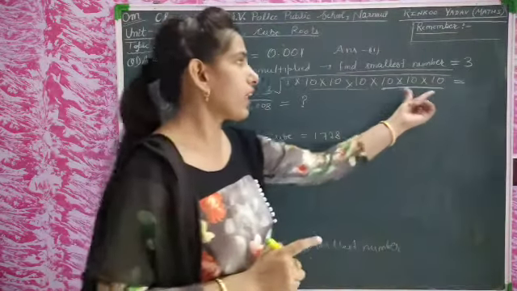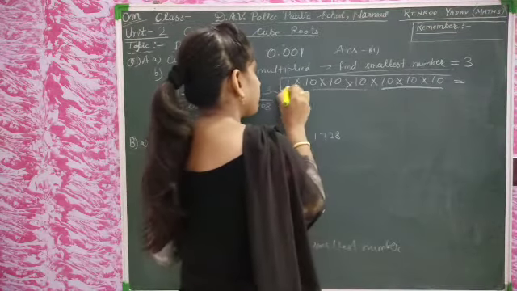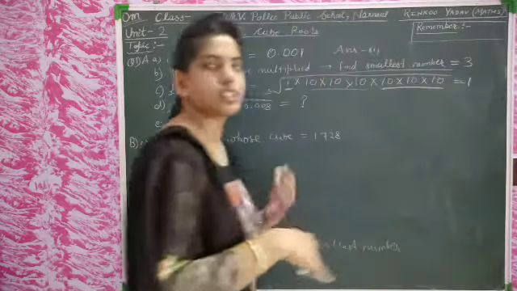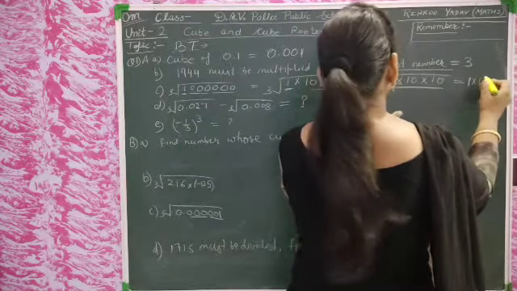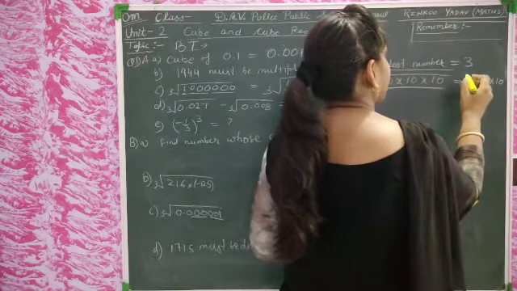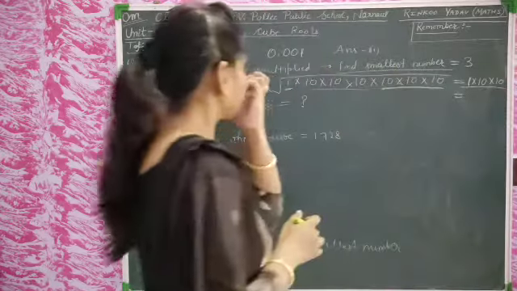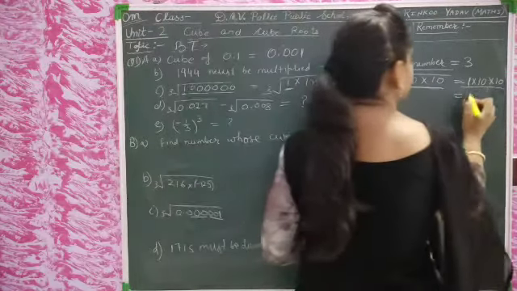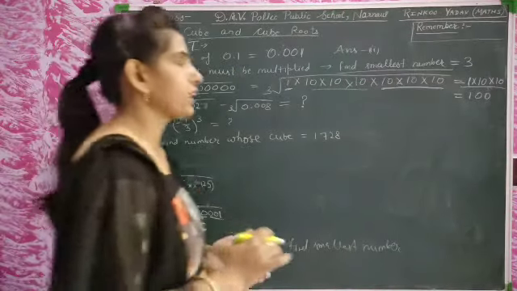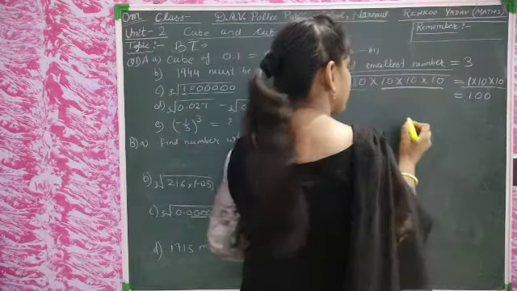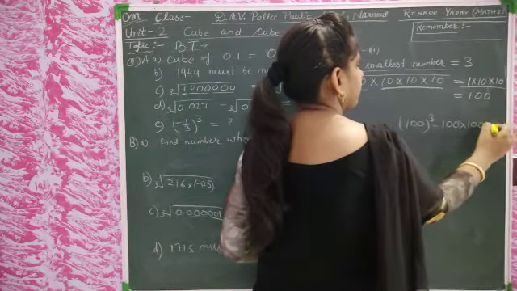From the first triplet we get 1, because the cube root of 1 is 1, since 1 is the cube of itself. From the next triplet we get 10, and from the next triplet we get 10, so the result is 100. And if we take the cube of 100, it means 100 cube.